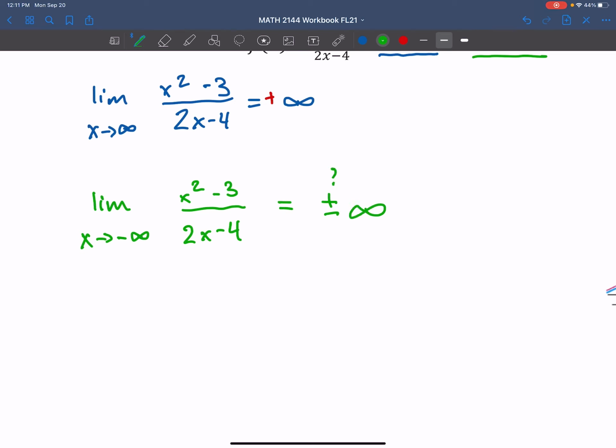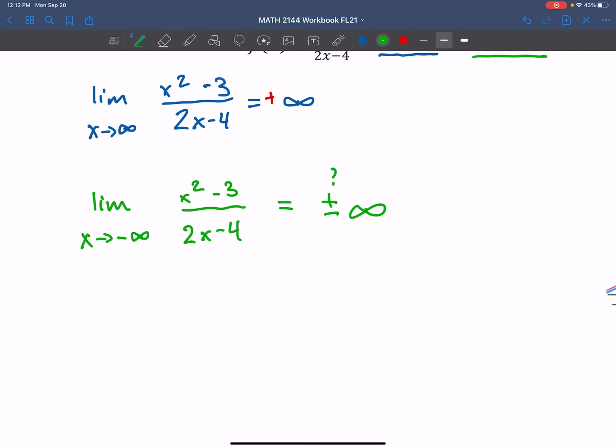When you plug in negatives to something that's squared, what are you going to get? Positives. When you plug in negatives to something that's linear, what are you going to get? Negatives. So if you're getting positives up top and negatives down below, what infinity are you going to be approaching?